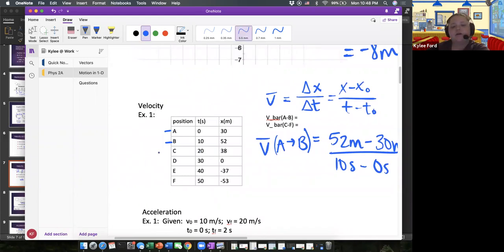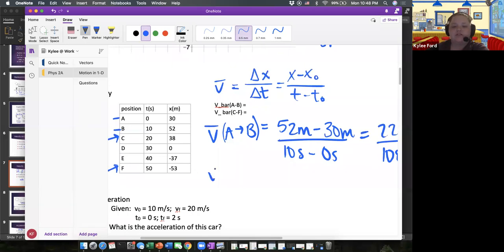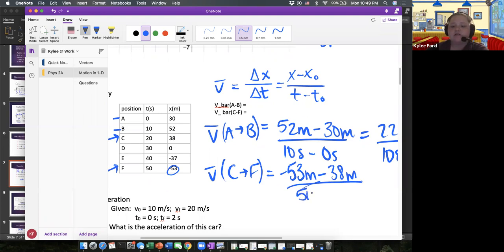What if I want to know my velocity between C and F? We can do the exact same thing. So our velocity is going to be our final position, 53 meters, minus our initial position, 38 meters, divided by our time, 50 seconds minus 20 seconds.